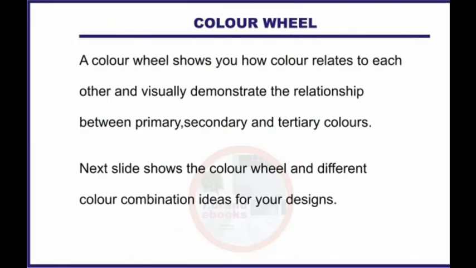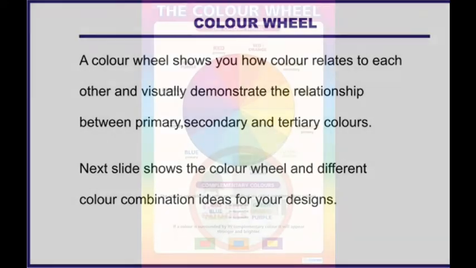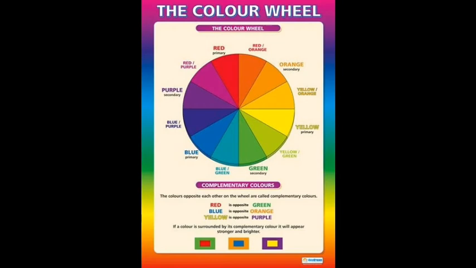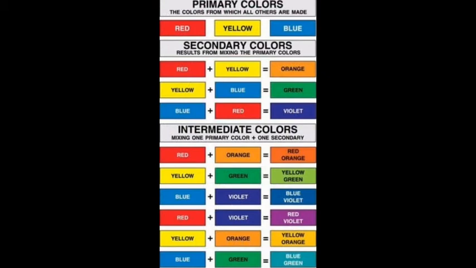The color wheel shows you how colors relate to each other, and this visually demonstrates the relationship between primary, secondary, and tertiary colors. I remember in our early basic education days, in creative art we were taught the color wheels, and then from there we were taught primary colors, secondary colors, and tertiary colors.